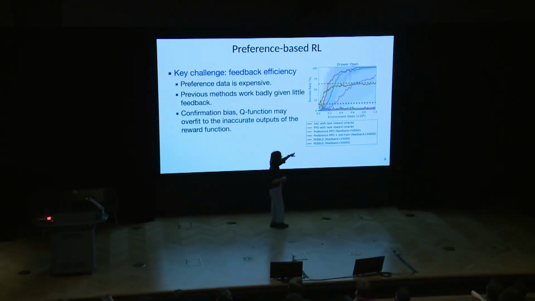Here, PEBBLE is an important baseline algorithm, and it requires 25,000 to 50,000 binary labels to recover the reward model, and then it could learn useful performance for this drawer open task. As you remember, this is a robot opening the drawer. For this task, we think the feedback can be reduced.